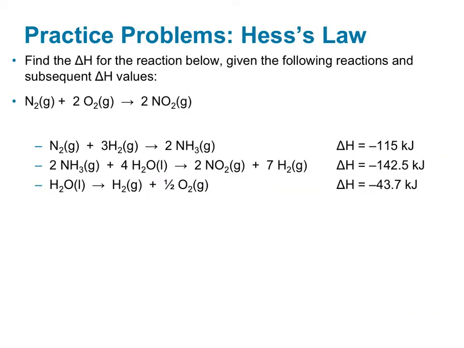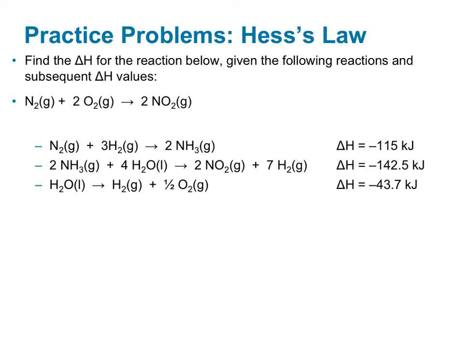All right, looking here, looking for the delta H for this target equation. N2 gas plus 2O2 gas yields 2NO2 gas. So I have three equations I can work with. The first equation has my first reactant on the reactant side, so that's what I'm looking for.